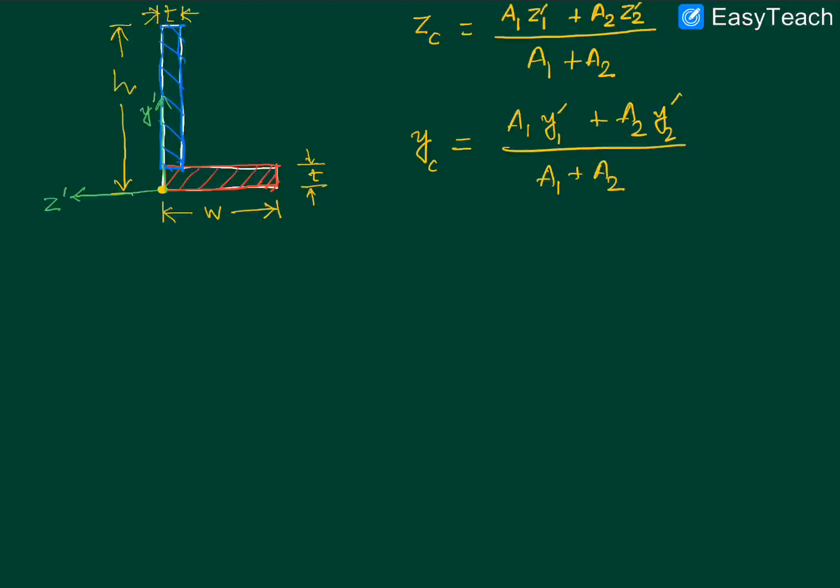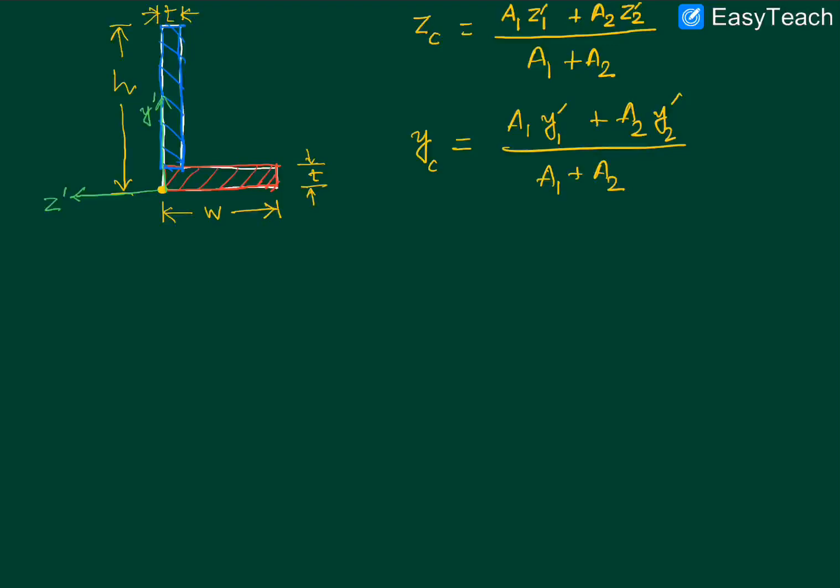Now whatever we have done here follows from a fairly general idea that whenever we have any cross section composed of these sorts of rectangles, then we can have exactly the same kind of formula for the ZC, the centroid, and the YC for the centroid, by extending this not only for A1, A2, but possibly also for A3 and A4 if we have more such rectangular cross sections contributing towards the composition of the entire cross section.